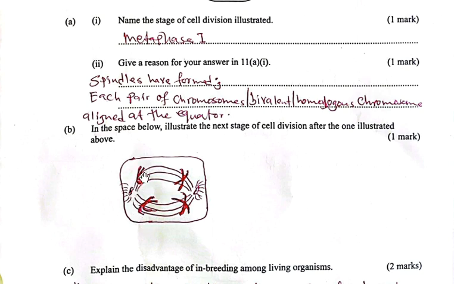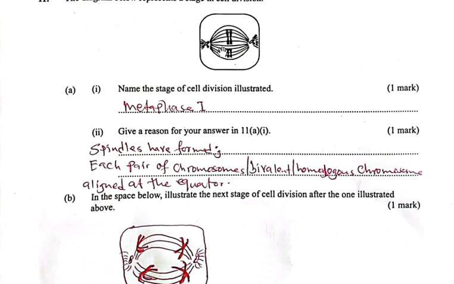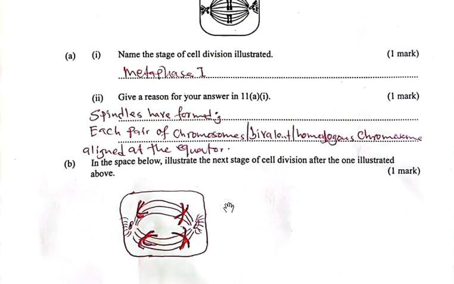These are chromosomes which were bivalents here. The two chromosomes move to the opposite poles. They start moving to the opposite poles. You can see they have separated from the equator of the spindle fibers, and they are moving to the opposite poles.